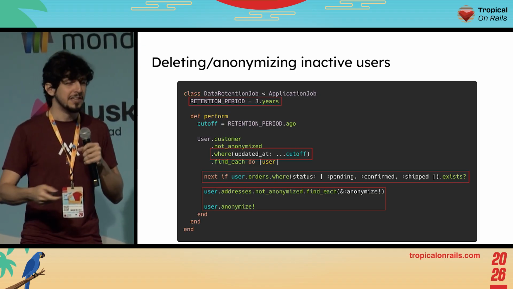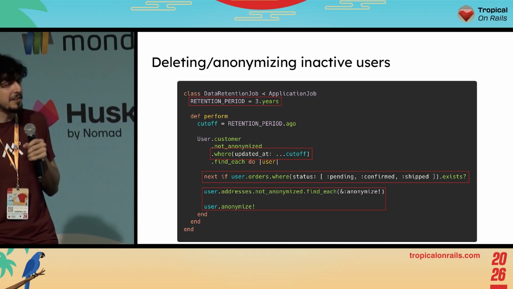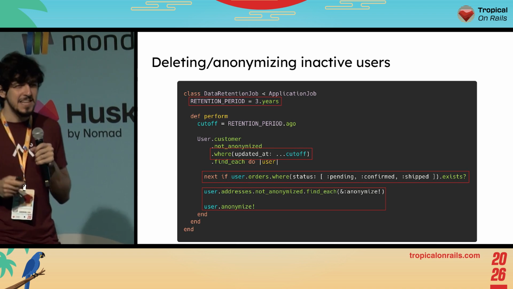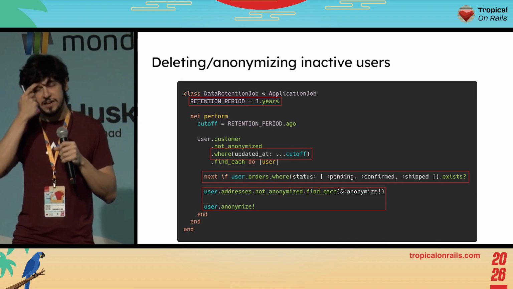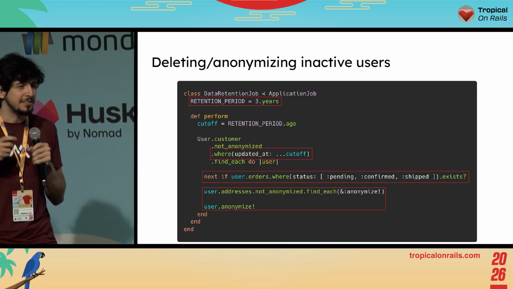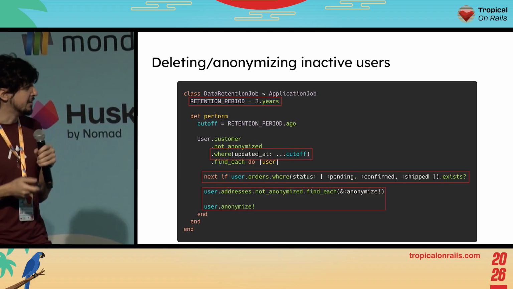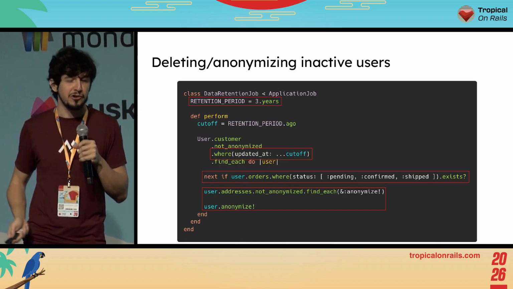If a user is still waiting for their order to be delivered or something like that, don't delete those. You're going to need that. But besides that, you can just anonymize anything from that user. We're going to see how the anonymization works in a second, but remember that. Do it as a practice. Do it all the time. Do it weekly in your application. Don't leave it to do only when someone from the law knocks on your door.